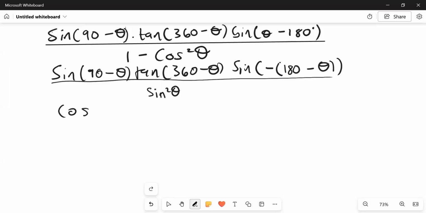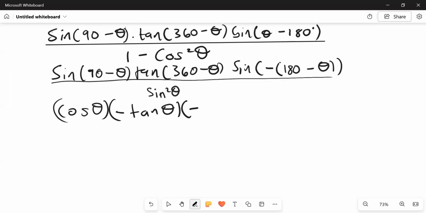Done. We move to tan of 360 minus theta. That's negative tan, because 360 minus is in quadrant number 4, and tan is negative there. Negative angles lie in quadrant number 4, and in quadrant number 4 only cos is positive, which means sine is negative.